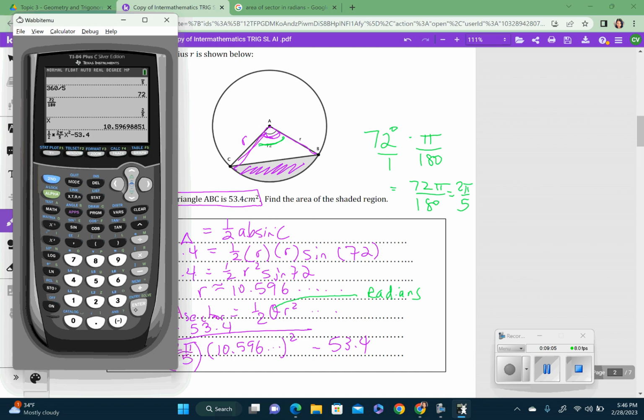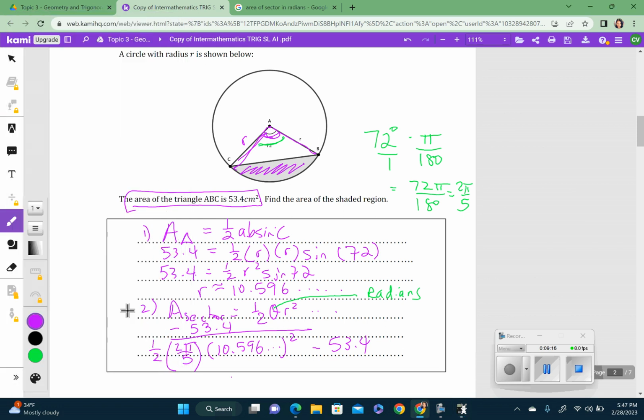Okay, hit enter. And this is my answer, right? So I'm going to round this number to 3 significant figures. So that is 17.2. So the answer to the question, the area of the shaded region, is going to be about 17.2. And in terms of units, it's going to be centimeters to the second power. So 17.2 centimeters squared is going to be our answer.